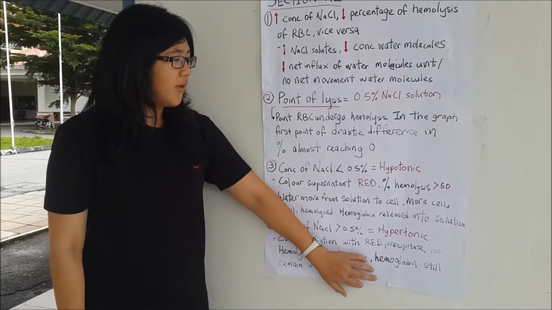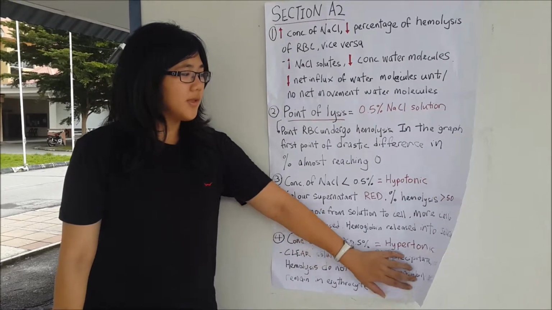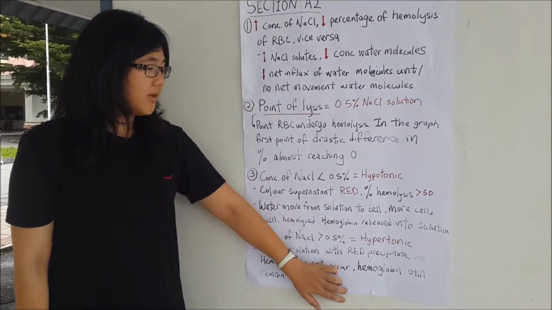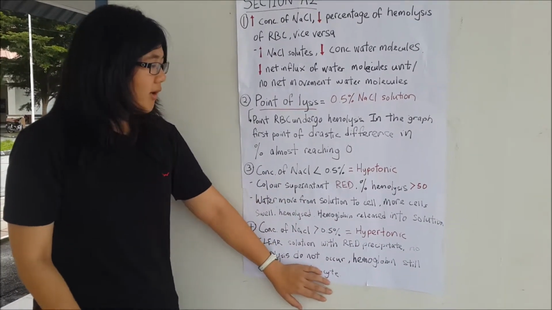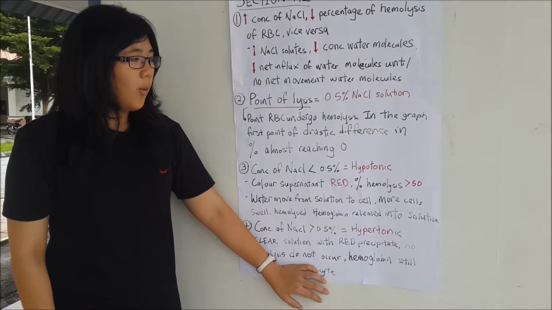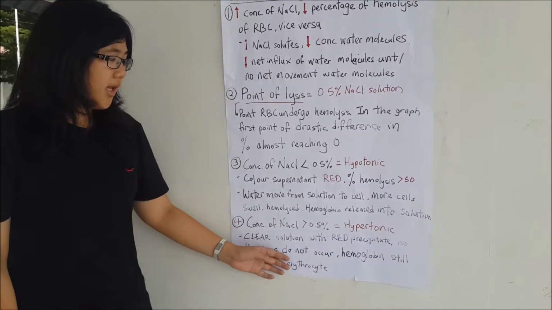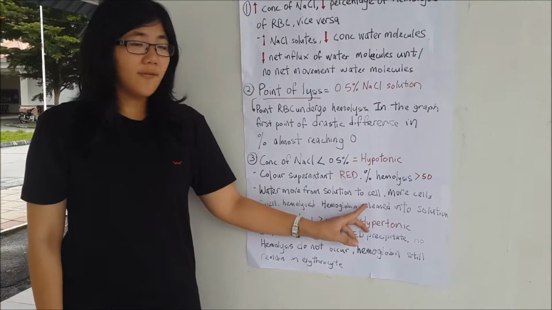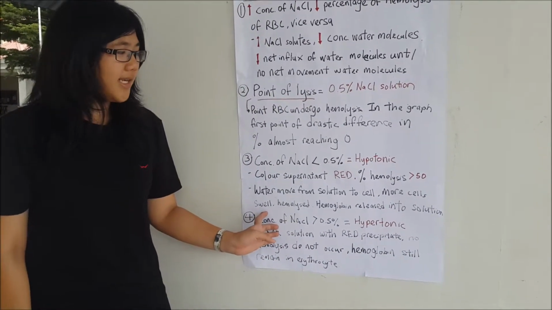When the concentration of NaCl solution is below 0.5%, the solution is said to be hypotonic to the red blood cells. And when it's hypotonic, the color of the supernatant is red, where the percentage of hemolysis is greater than 50%. This is because water moves from the solution into the cell, and therefore more cells will swell and be hemolyzed.